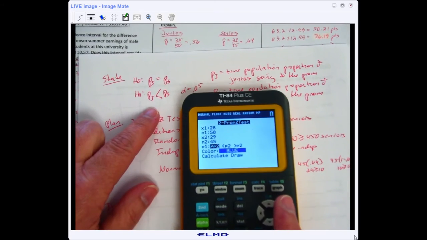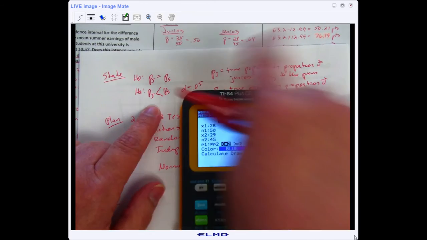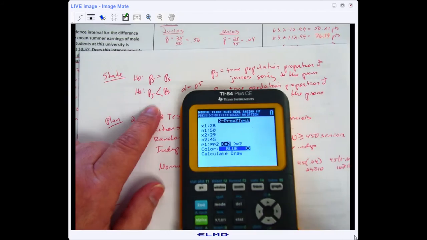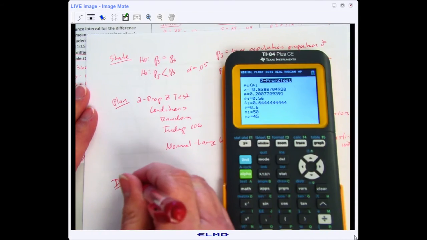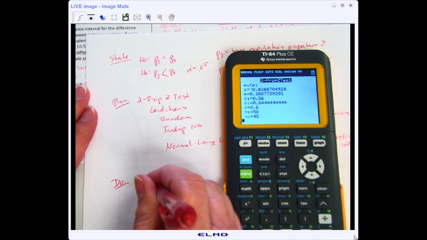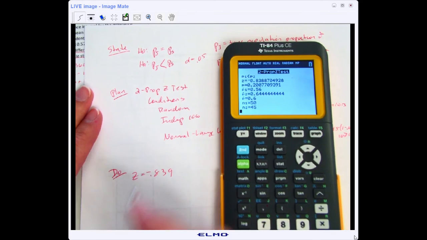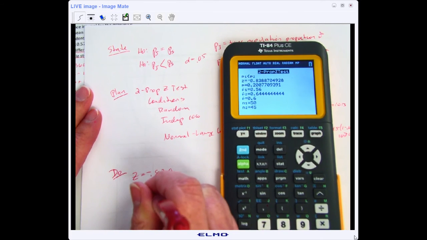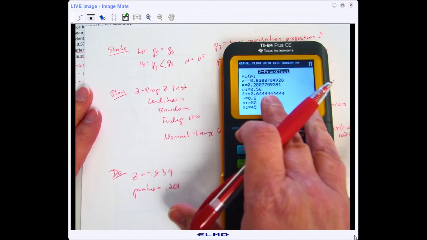The symbol of my Ha is less than. And again, I went less than because the sample of the juniors was less than the seniors. And I'm going to calculate. So my Z test statistic was negative 0.839. My p-value is 0.201. And then I don't need anything else.